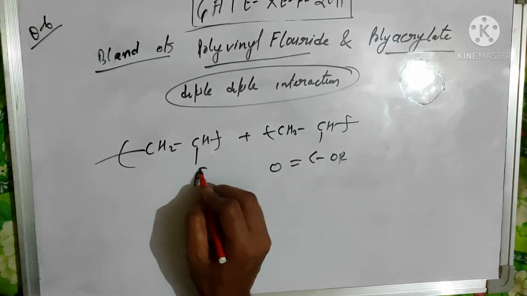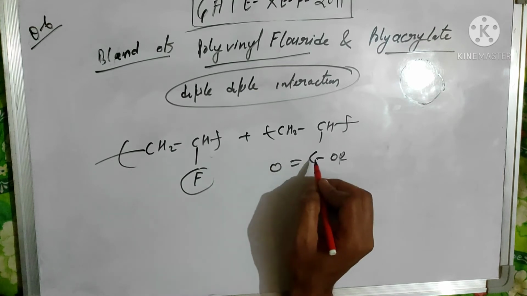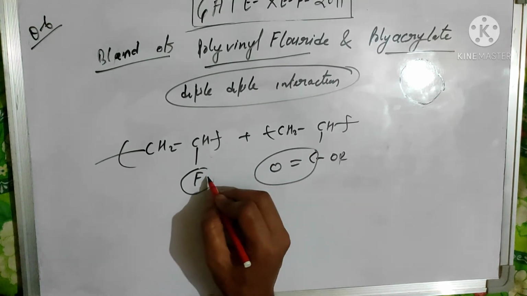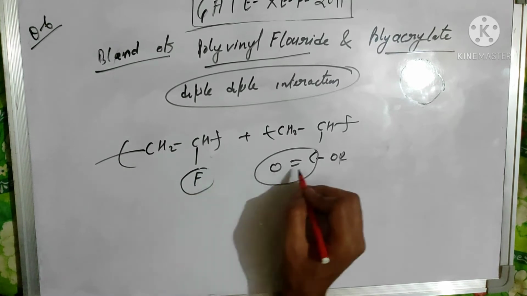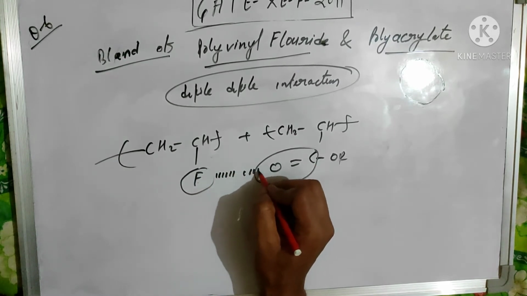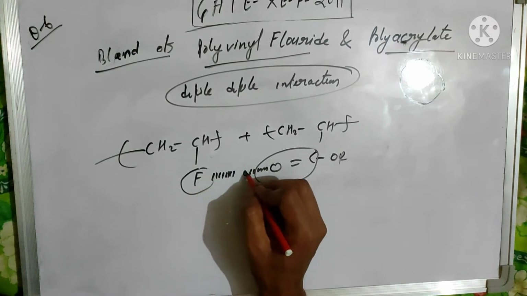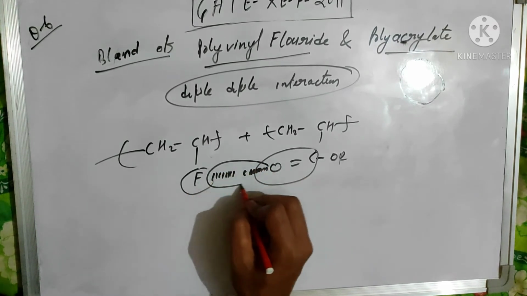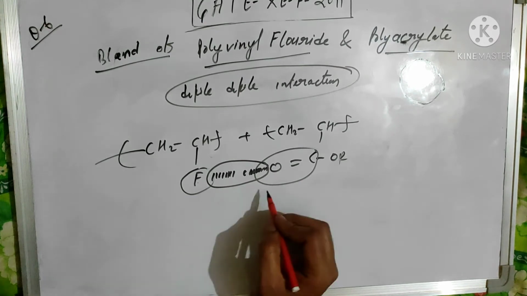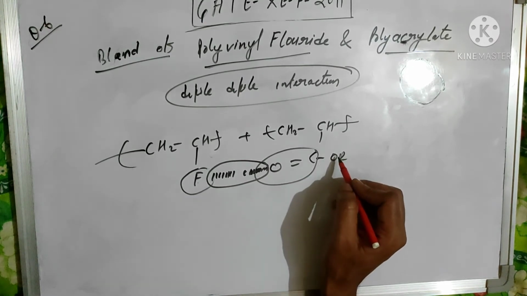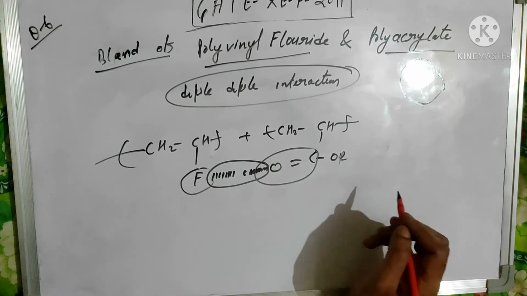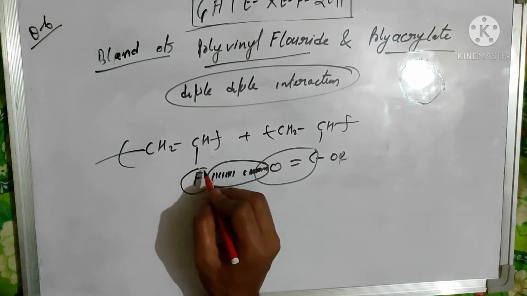You can see chlorine is a polar atom and C=O is also a polar group. So these C=O and this atom are attracted to each other and form a secondary force bond. So you can see there is no presence of hydrogen bond or induced dipole, only the presence of dipole interaction.